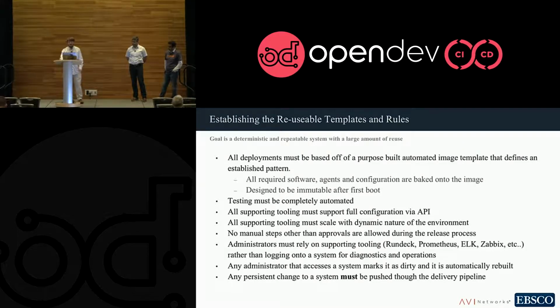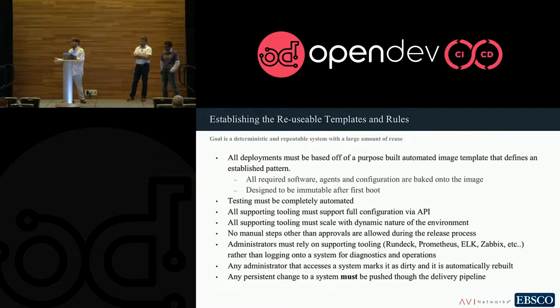In order to maintain the integrity of the environment, we said for operations and for administration, you have to rely on all of our external tooling, so Elk, Rundeck, Prometheus, to be able to do diagnostics and operations. You're not allowed to log into that system. We put a compensating control in place because sometimes you do have to do that even when you have all these things in place. So we have a little job that kind of unlocks the system.